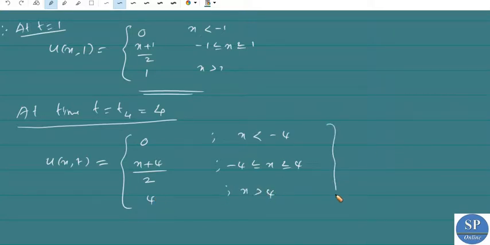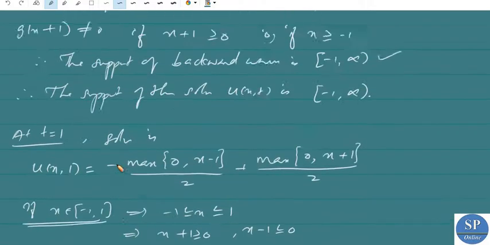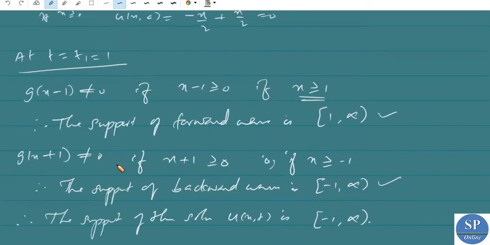I am leaving this to you. You just try the same procedure when t equal to 4.